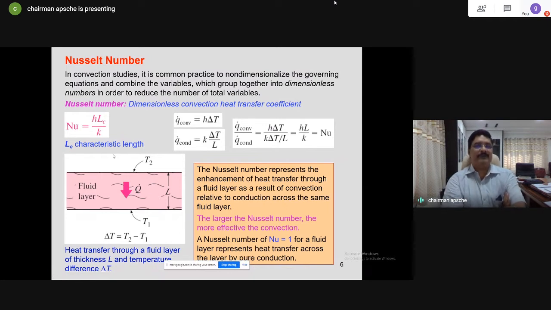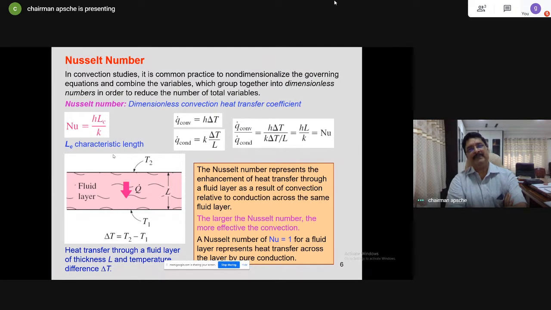Now, the same formula we have used for the Biot number too. There is a difference between them, and therefore I draw your attention. By definition, the Nusselt number is the conduction resistance to convection resistance, the same definition we used for the Biot number.